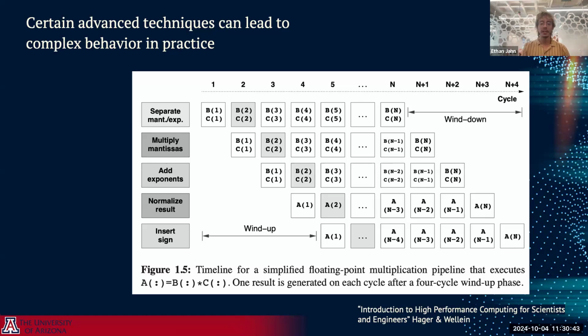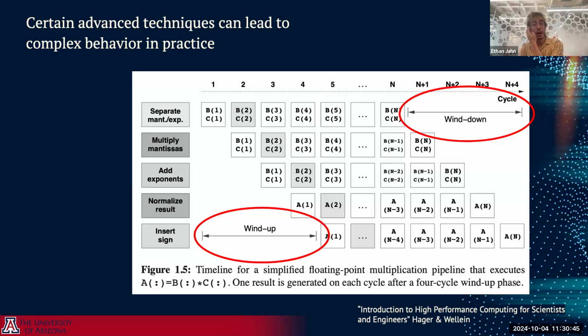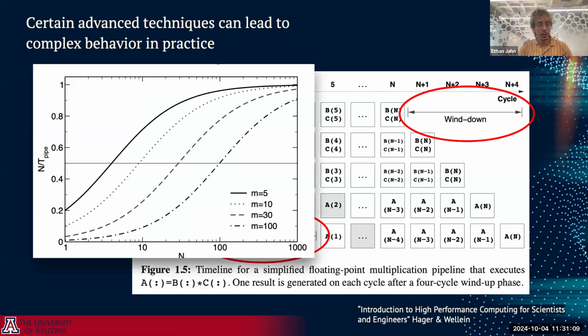you have this wind-up time and wind-down time that occurs at the beginning and the end of the process. So it's not like all of the parallel processes start at exactly the same time. There's this wind-up period in which the instructions are fed to processors, and then the wind-down period where the first processor that was fed the instruction completes first, and then the instructions sort of propagate backwards.